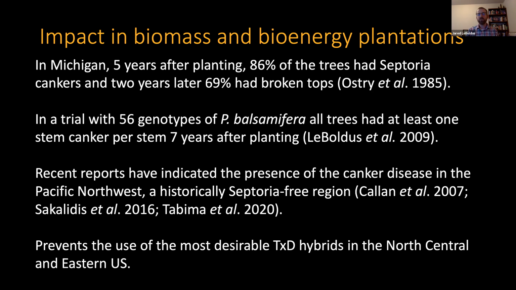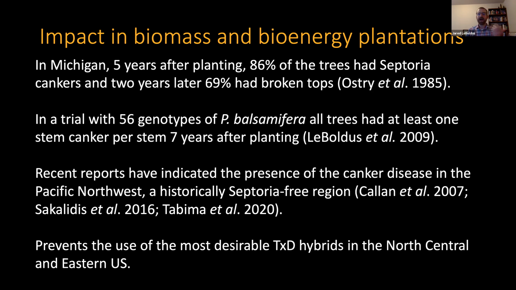The other thing that we've started to notice is that as this poplar production moves westward, this pathogen has seemed to move along with it. And most recently in 2007, and now actually in 2020, we've identified this pathogen in both the Western United States and Western Canada.